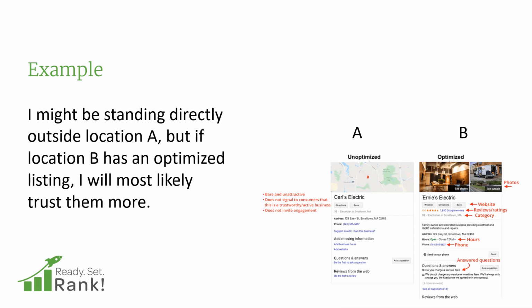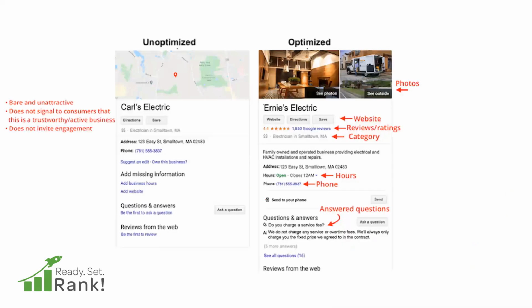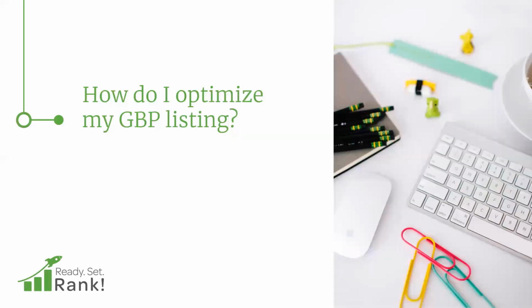So while the goal, of course, is to be the top of the listings, it's also a good goal to have an optimized listing because you can tell the difference between an unoptimized listing and an optimized listing. And this is kind of blown up a little bit better for you to see, although it does look a little fuzzy. So this brings us to the question, how do you optimize your Google Business Profile listing?